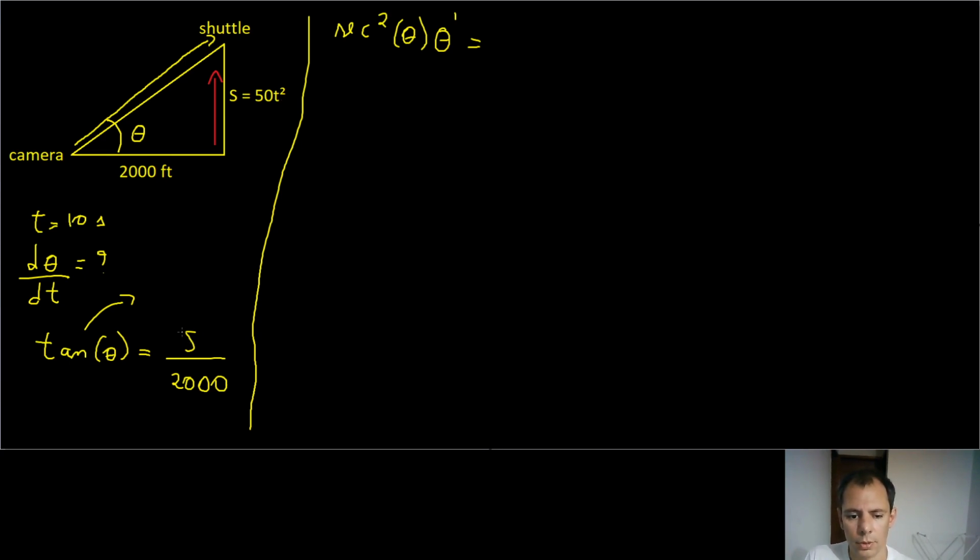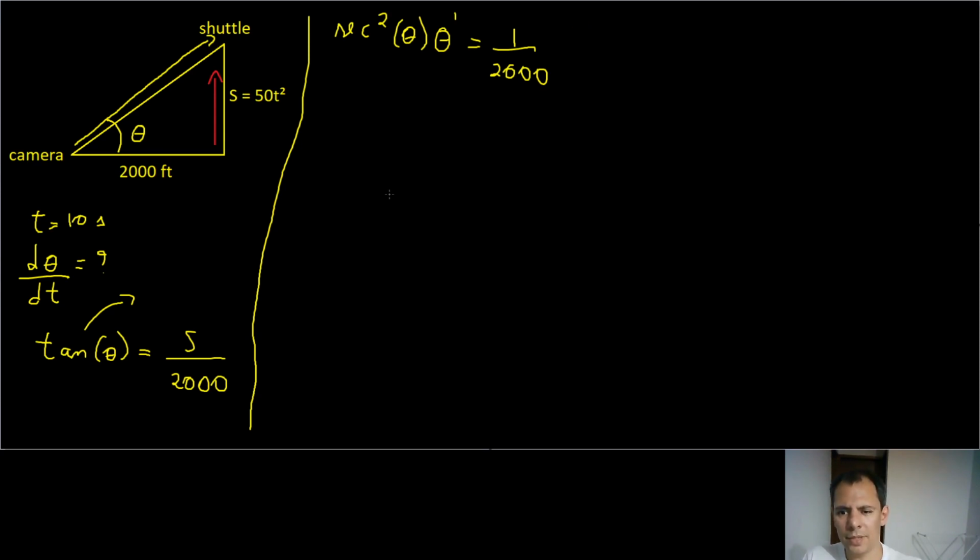So you could differentiate this with respect to s times ds dt, okay? So differentiating this, s divided by 2,000, is just going to be 1 divided by 2,000, okay? And then you have s prime, which is ds dt.